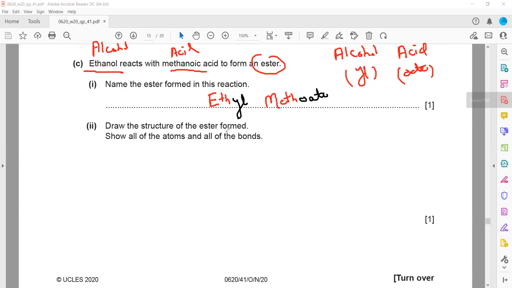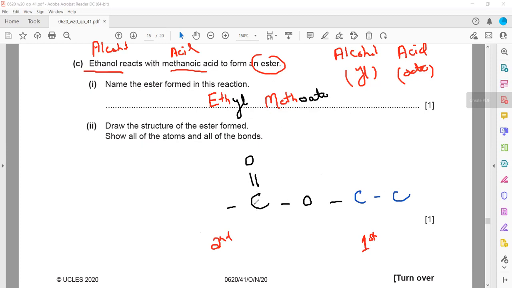Then we have to draw the structure of the ester and show all the bonds. So C double bonded with O. The part which is attached to oxygen, we name first, and the part which is attached to the carbon, we name second. So ethyl, eth means 2 carbons, so we draw 2 carbons: 1, 2.